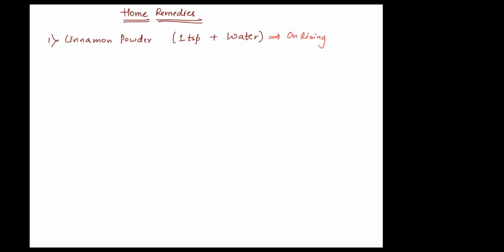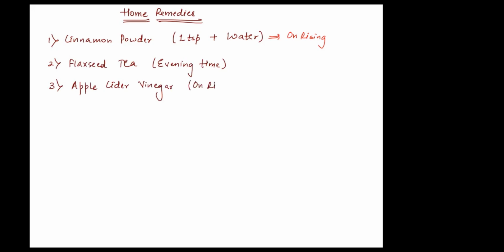Another is flax seeds, which we discussed in the seed cycling also. You can give flaxseed tea in the evening. You could also give apple cider vinegar, again on rising.